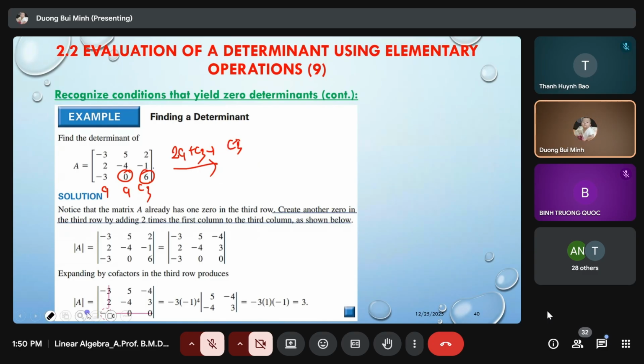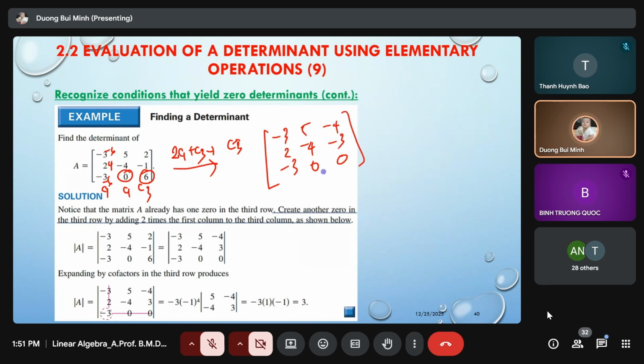So we can get -3, 2, -3, 5, -4, 0. And then you times 2, so you get -6, 4, -6, and -6 is 0, -3, this one is -4. So you can select this one.